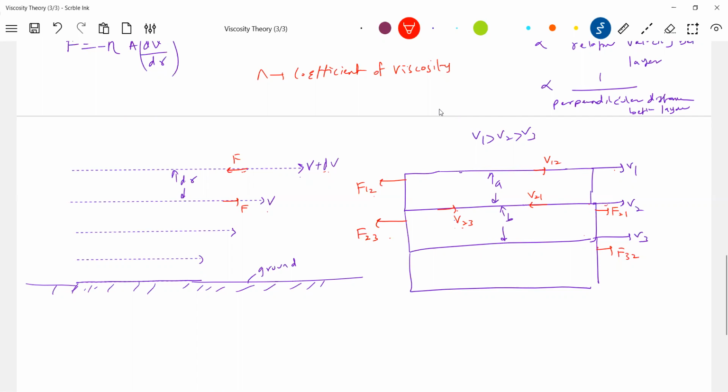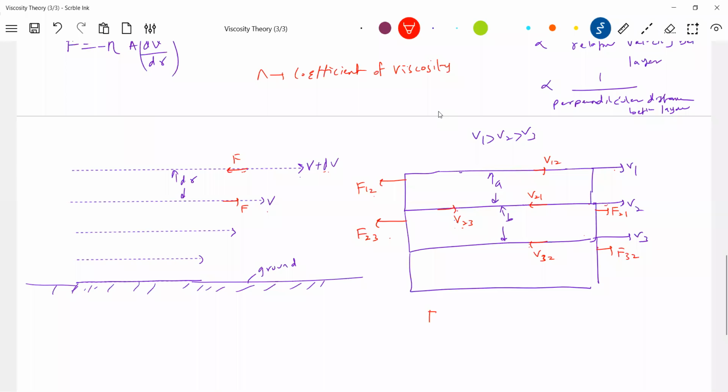Similarly, V32 will be in this direction. Getting the idea now? The viscous drag will act opposite to this.